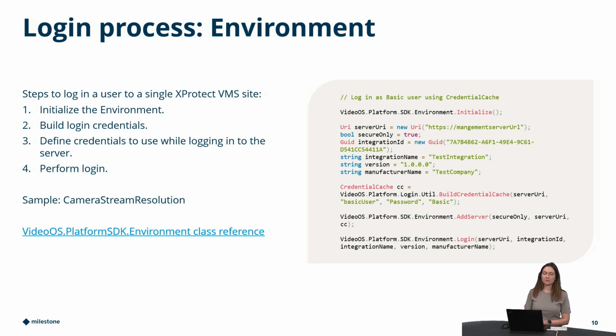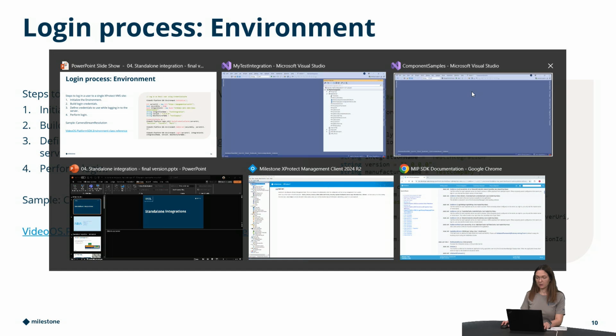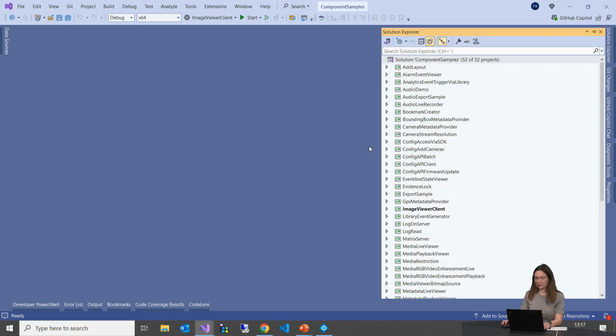So now let's go into details about the login process in each of the environments. The first one, the one which is most commonly used, where you can have only one configuration per user, but you can log into many VMS sites. And I actually want to switch to the code of one of the samples.